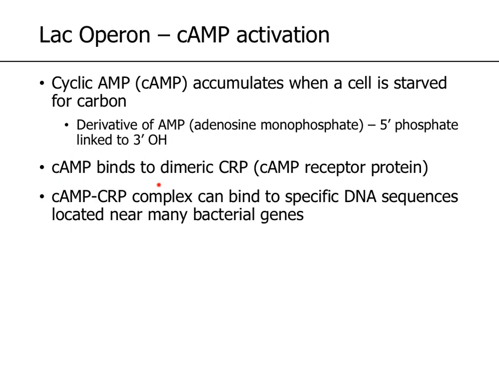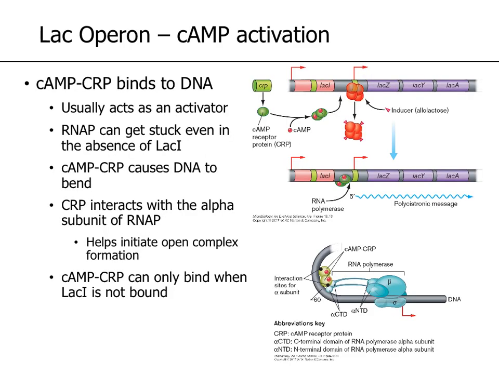So the cAMP binds to this dimeric cAMP receptor protein. And so this complex will bind to specific DNA sequences located near many bacterial genes. So it doesn't only do this for the LAC operon, it'll do this for other sequences as well. But essentially this thing will bind here and it'll act as an activator.